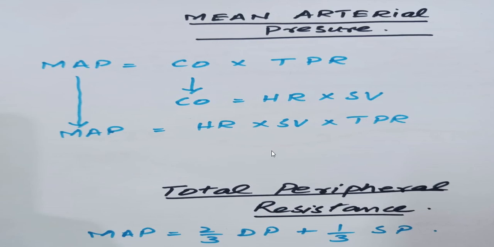We'll not discuss this equation today. We'll discuss mean arterial pressure, cardiac output, and the total peripheral resistance.